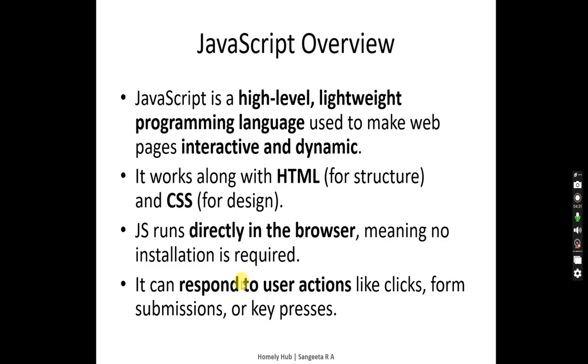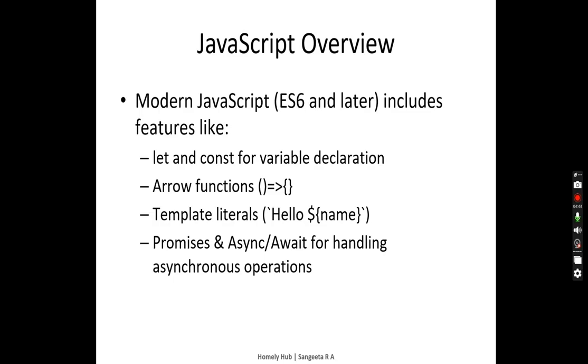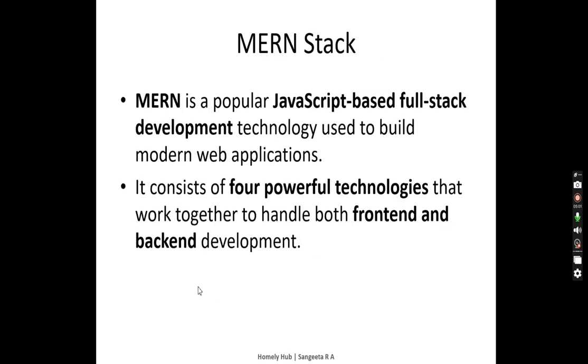It can respond to user actions like clicks, form submissions, and key presses, providing interactivity to web pages. Next, modern JavaScript includes features like let and const for variable declaration, arrow functions, template literals, and promises and async or await for handling asynchronous operations.